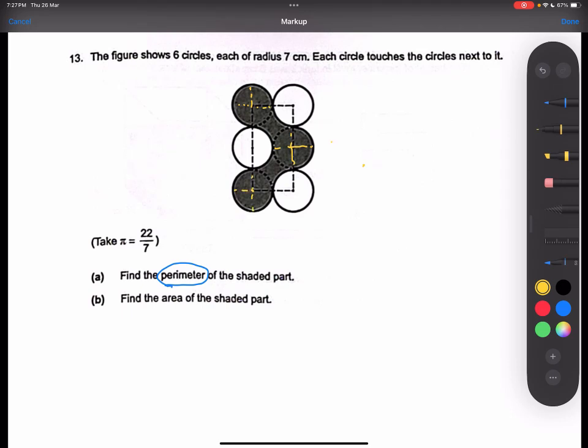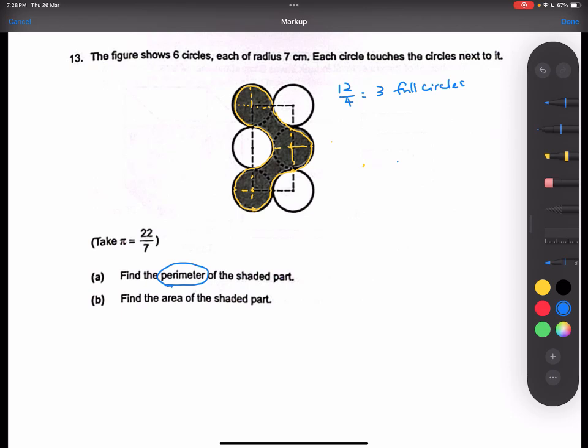Let's count the number of quarters. 1 quarter, 2 quarter, 3 quarter, 4 quarter, 5 quarter, 6 quarter, 7, 8, 9, 10, 11, 12. Alright, so there are now 12 quarters, 12 quarters of a circle, which means 3 full circles.